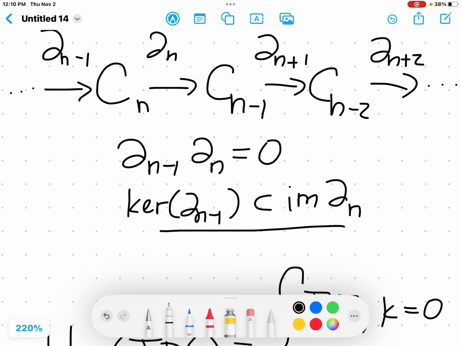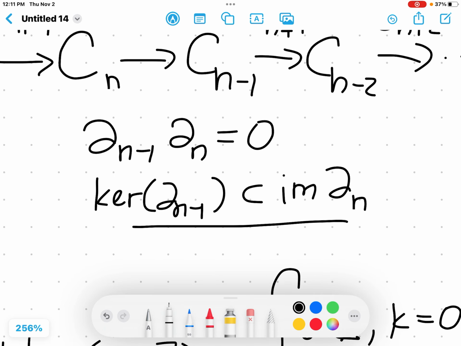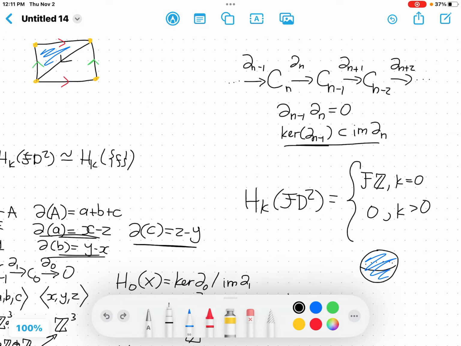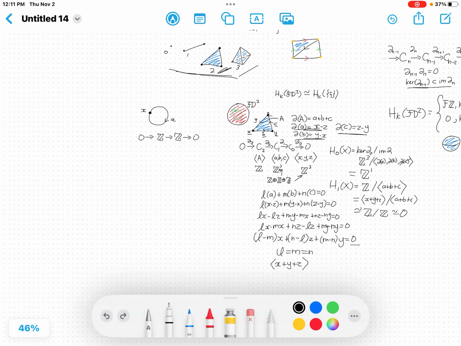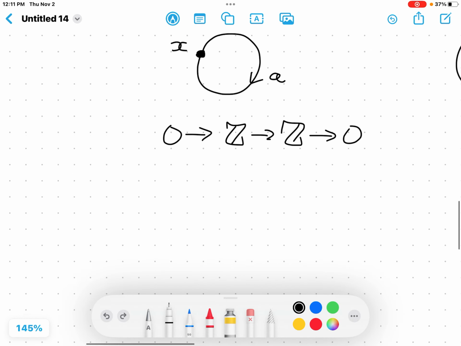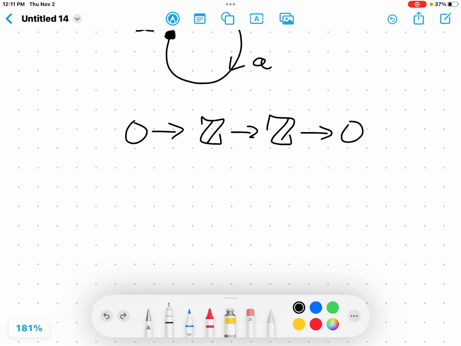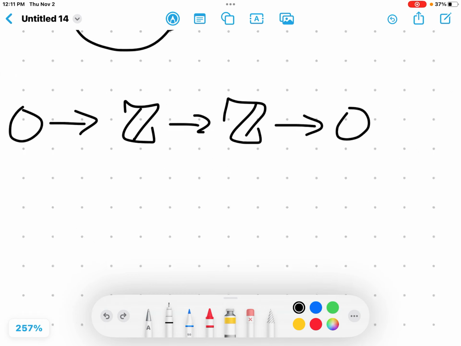And in fact, it needs to be a normal subgroup, right? But we're not strictly enforcing that the kernel needs to be a normal subgroup of the image of ∂_n.